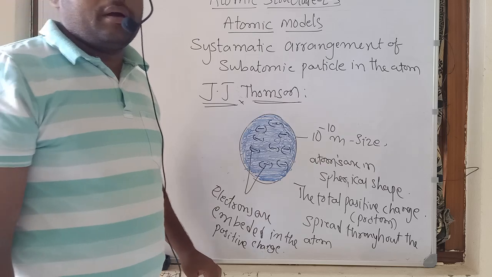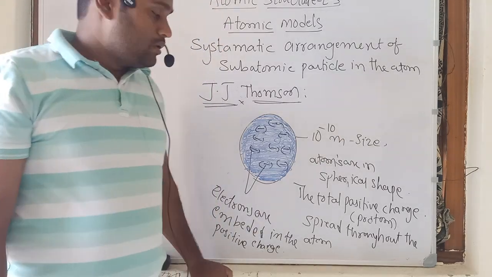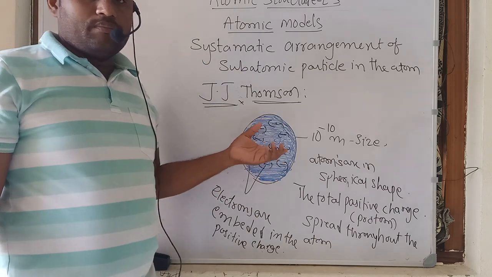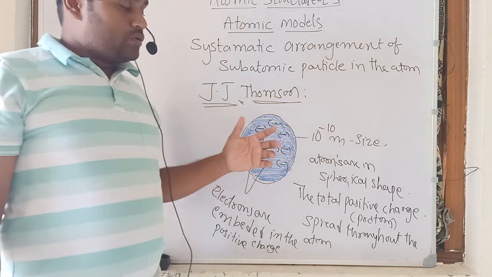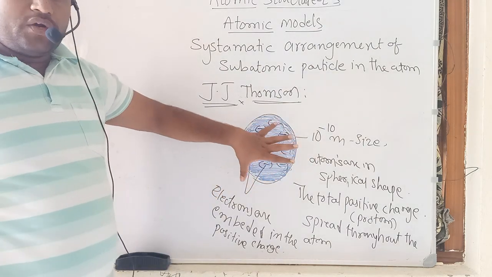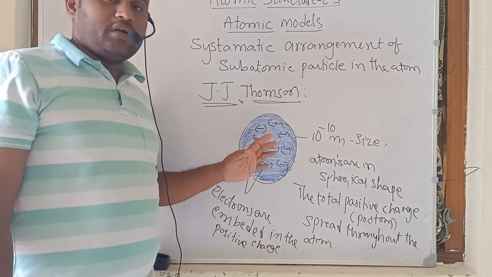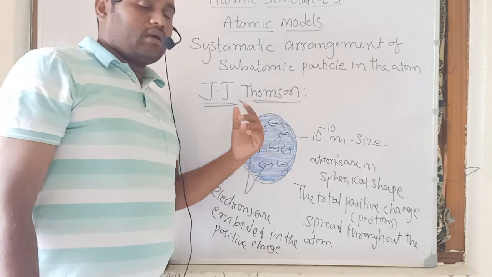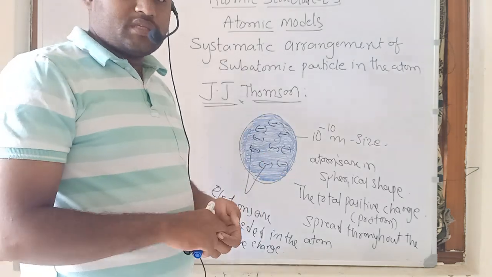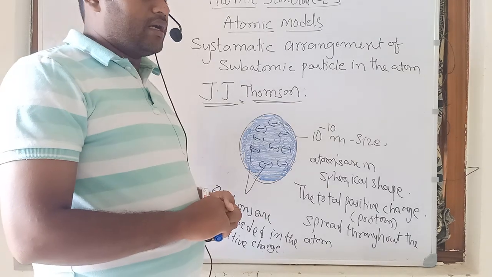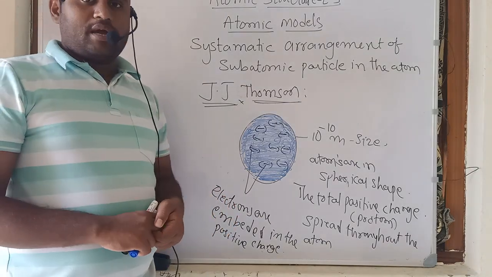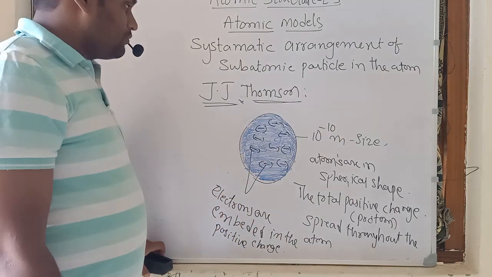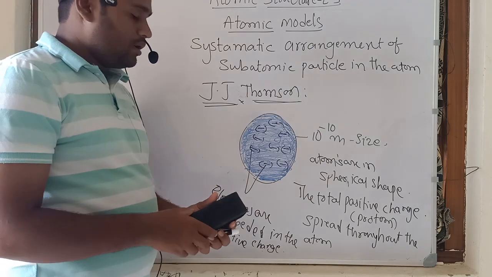But still we find electrons and protons inside the atom, which proves that this model failed to explain the stability of the atom. Because according to Thomson, protons and electrons are in direct contact in the atom, so they should cancel out with each other, but that is not happening. Next we have another model, the Rutherford atomic model.